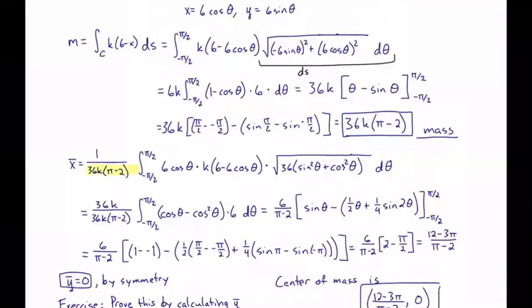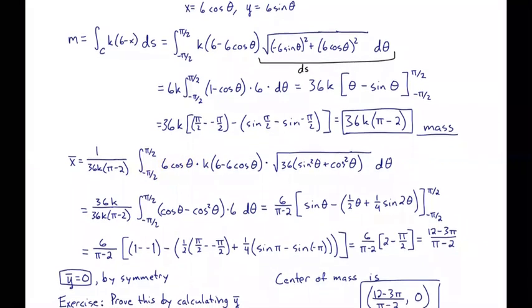And then we have the integral from negative pi over 2 to pi over 2 of x, which is 6 cosine theta, times rho of x y, which is k times 6 minus x, which is 6 minus 6 cosine theta. And then we have the square root, it's our ds term. Once again, it's the same as it was in the integral above.